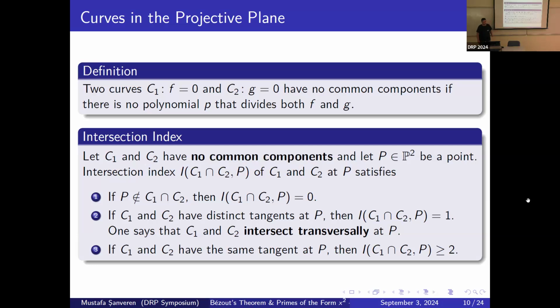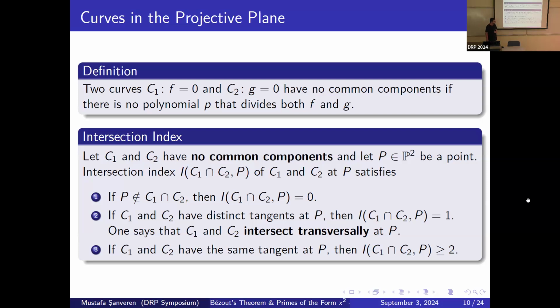If we have two curves with no common components and a point P in the projective plane, then the intersection index of C1 and C2 at P satisfies one of three conditions. If the point is not in the intersection, then the intersection index is equal to 0.